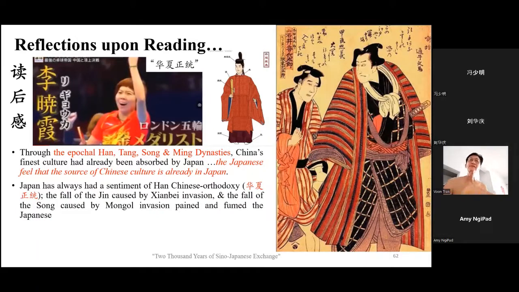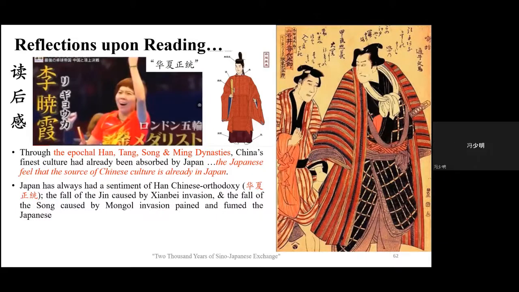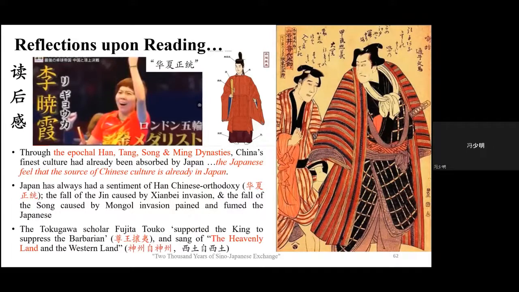Japan has always had a sentiment of Han Chinese orthodoxy, and the fall of the Jin caused by the Xianbei invasion, as well as the fall of the Song caused by the Mongol invasion, was a very painful and angry moment for the Japanese. And the Tokugawa scholar Fujita Toko even supported the king to suppress the barbarian. But who is the barbarian?